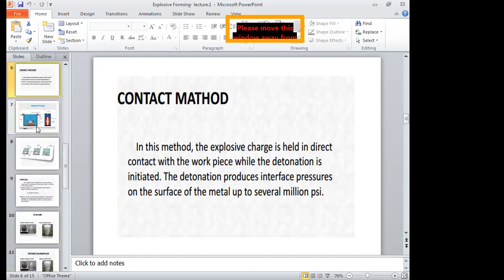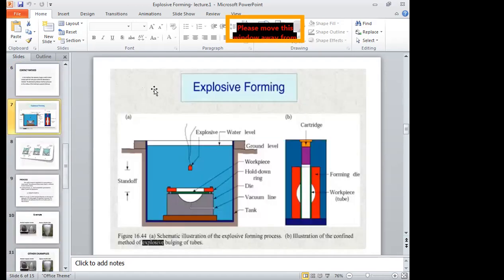Then next, we'll see the explosive forming process. In that, we see first the explosive material, then the water level as shown in the figure, then the ground level, then the workpiece, then the hold down ring, then the die, then the vacuum line.